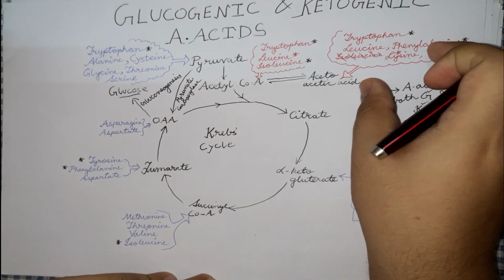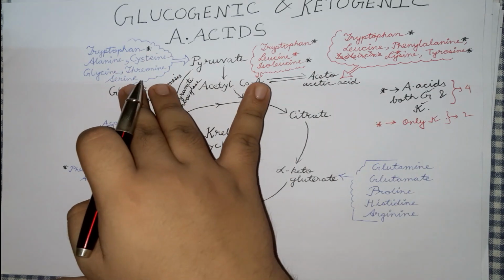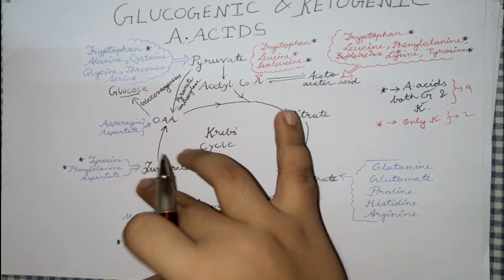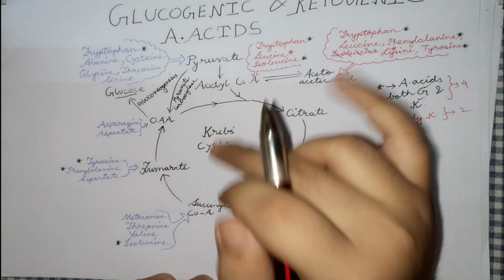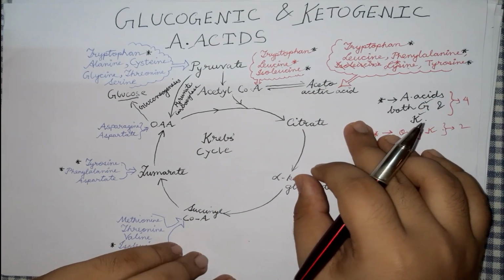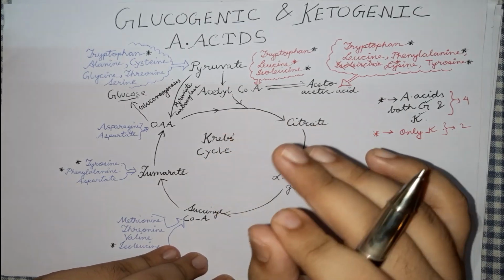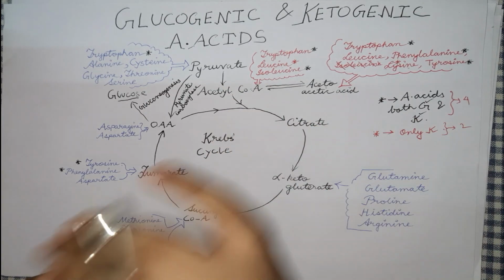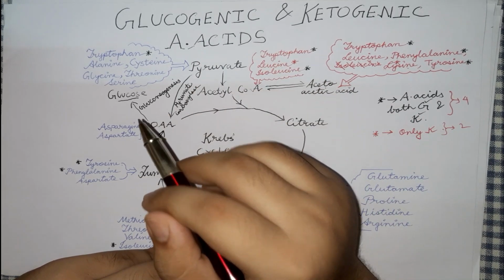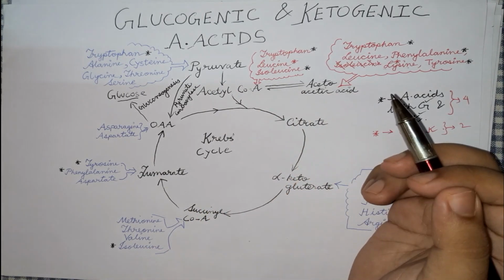Like how these amino acids form acetoacetic acid by one pathway, and these amino acids form pyruvate, how they form oxaloacetate. These arrow marks are basically what we are going to study. But we have studied the classification of amino acids on the basis of what they form at the end, or rather, to be more precise, what their carbon skeleton forms at the end, right? That is an important concept, and something that I felt should be discussed at the beginning. That is glucogenic and ketogenic amino acids.